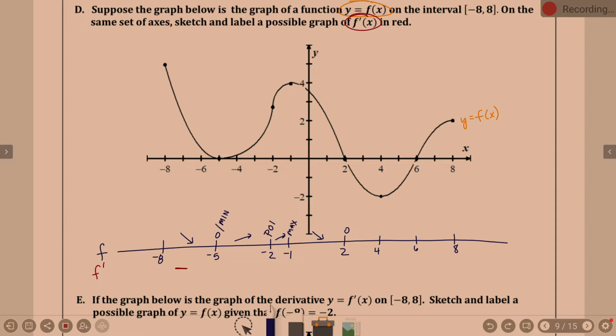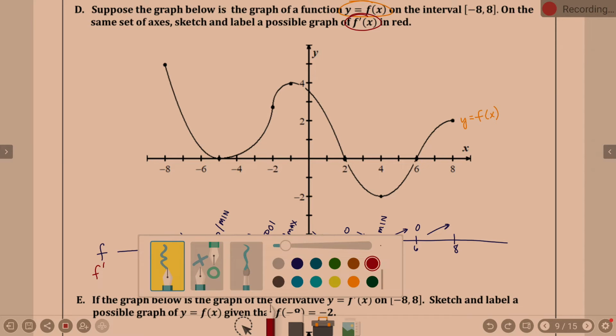From 2 to 4, my graph is decreasing. At 4, I have a minimum. From 4 to 6, my graph is increasing. At 6, I have a 0. And 6 to 8, my graph is increasing. To each their own. You'll figure out the ways you want to do this. Is this all necessary? I don't know. To me, it's helpful to keep it all sorted out.